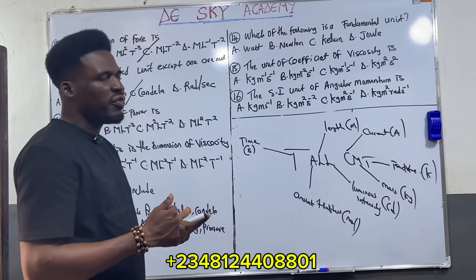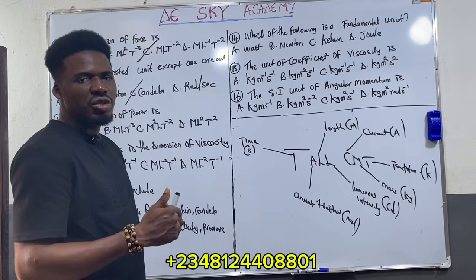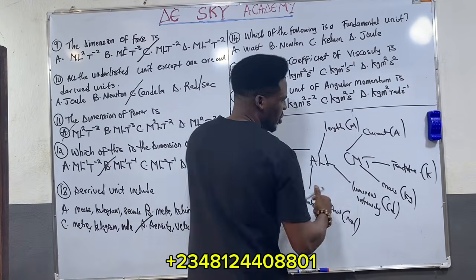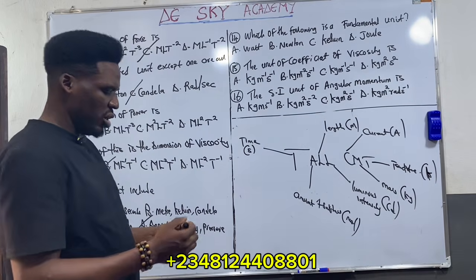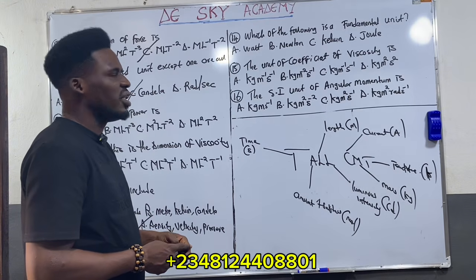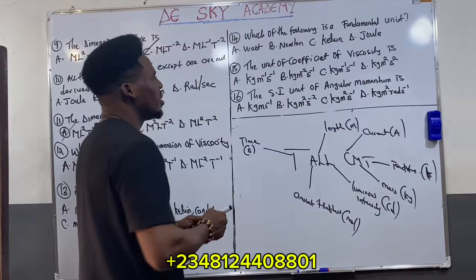Newton is a unit of force, and force is a derived unit. Kelvin is a unit of temperature and is a fundamental unit. Joule is a unit of energy and is a derived unit. So the one that is a fundamental unit is option C.